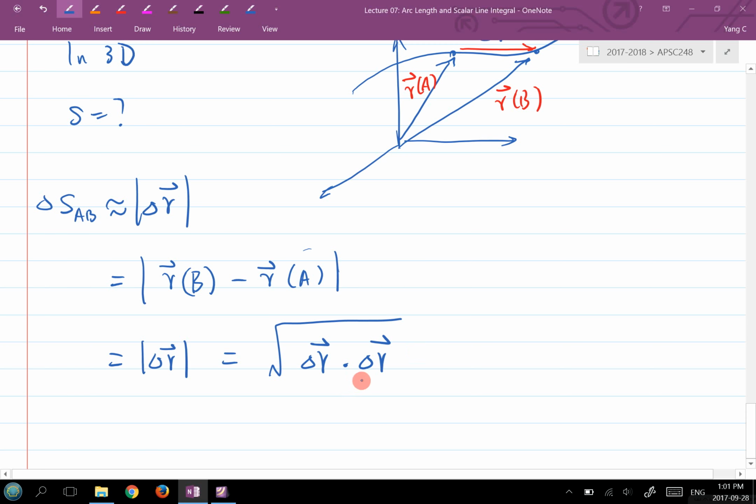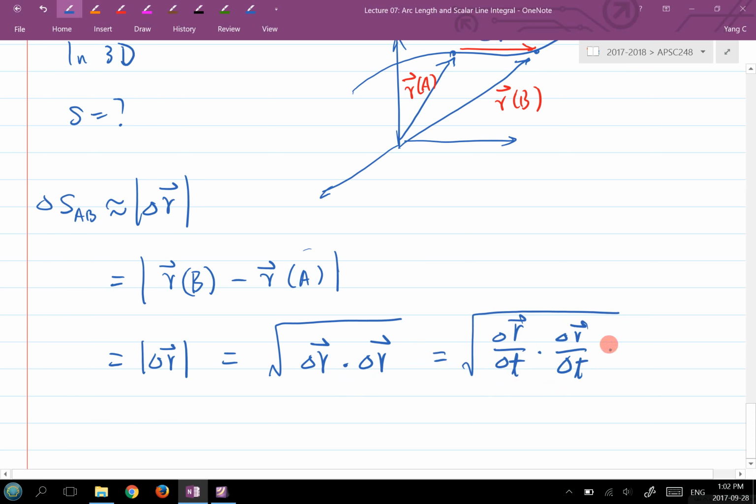Then I'll do one more manipulation, with no change, just manipulating it. We divide each term by delta t. But if I divide each term by delta t, I have to multiply by delta t in order to keep the same expression.